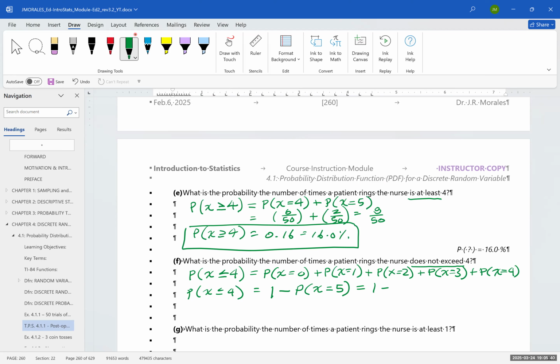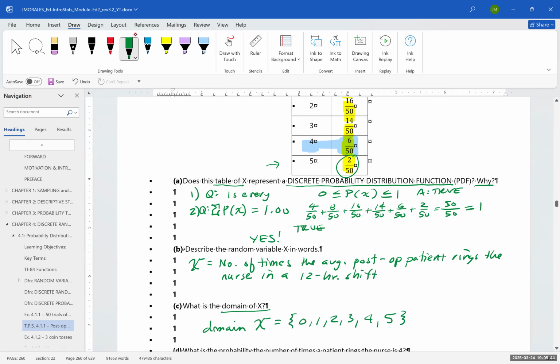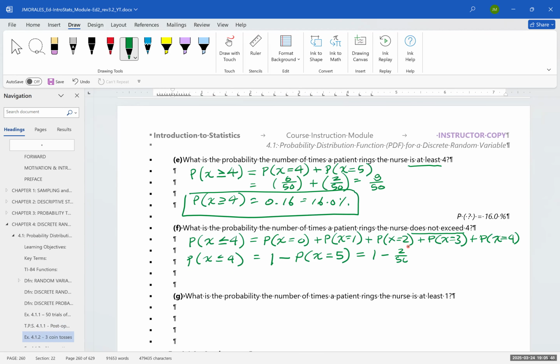and we could just subtract the probability that the number of times was 5. And the probability that x is equal to 5 was 2 out of 50. So 1 we can write as 50 over 50 minus 2 out of 50, which would be 48 over 50.